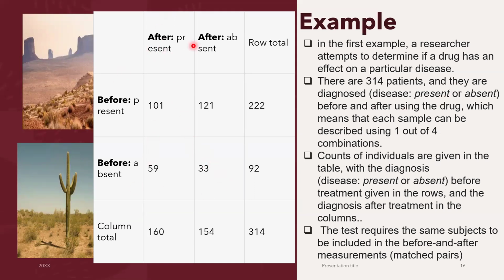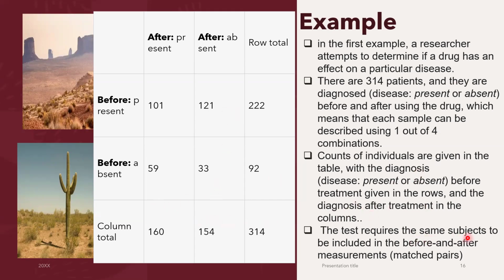Each sample can be described using any one of the 4 combinations. Counts of individuals are given in the table with the diagnosis, disease present or absent before treatment given in the rows, and the diagnosis after the treatment in the columns.